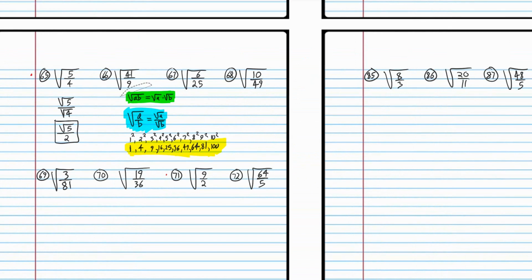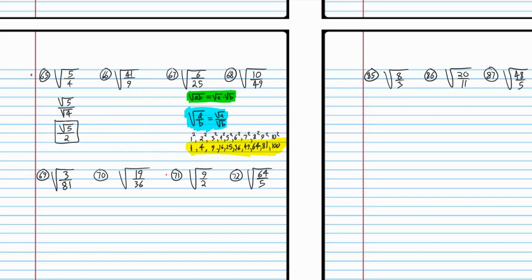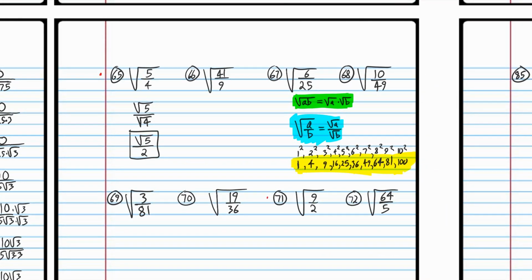All right, I'm going to try 66. Again, we're using the blue equation going in the forward direction. We get root 41 over root 9. And 9 itself is a perfect square, so that would just be 3.